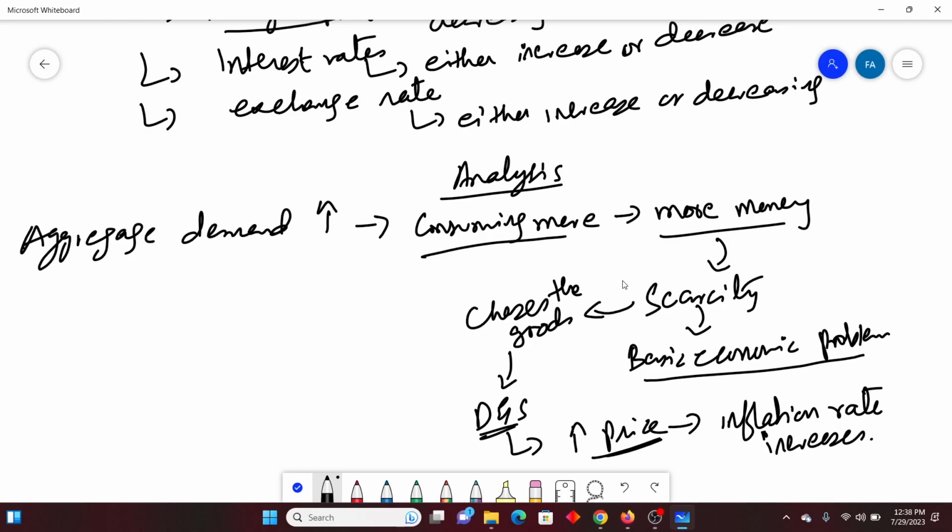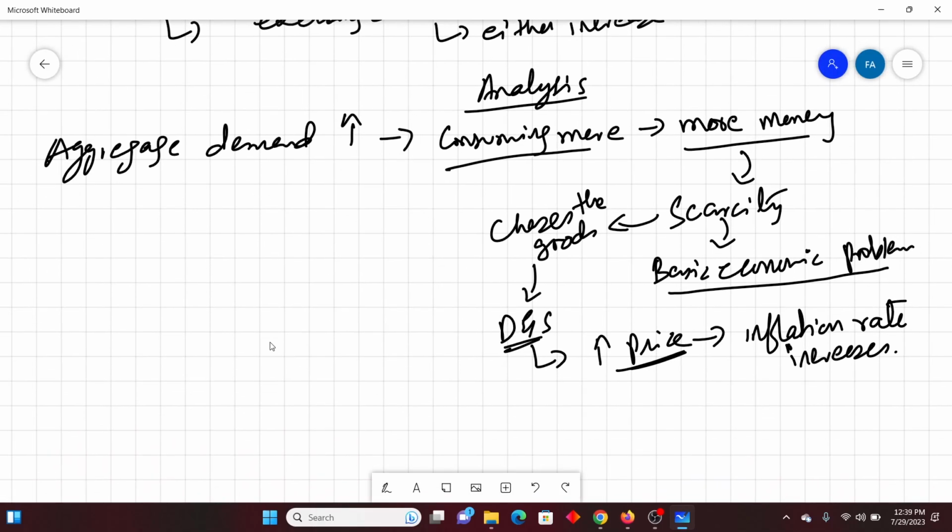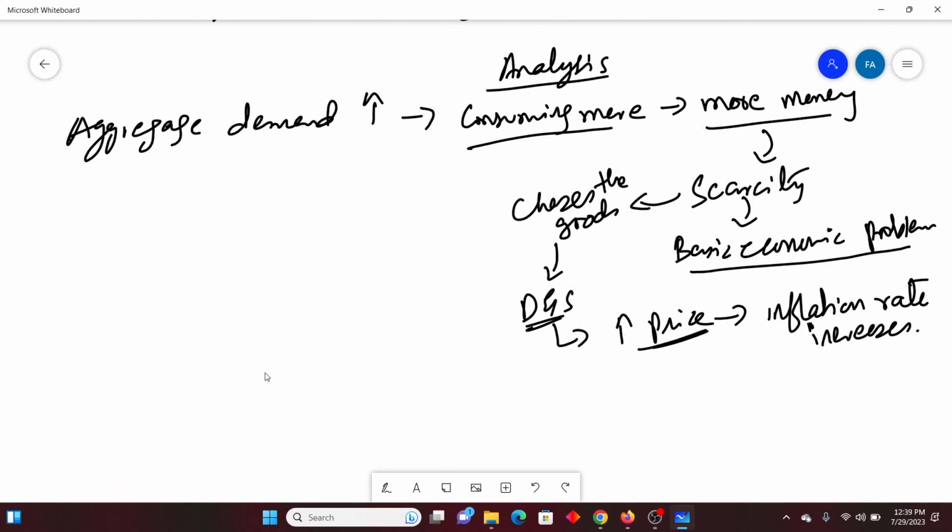Ultimately the producer increases the price, because the producer observes that when things are becoming more expensive in the market, fewer people will be able to afford it, because the things are really scarce. So the producer tries its level best to increase the price, and ultimately the price is increased and we experience inflation. The inflation rate becomes higher. One of the major reasons for inflation is that the aggregate demand is high, just because people have more money.